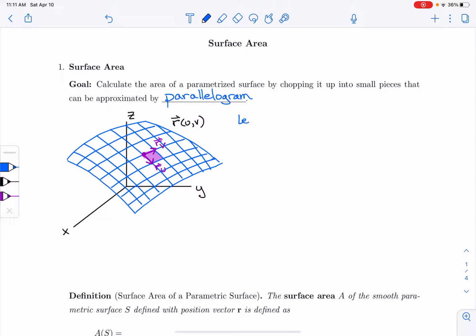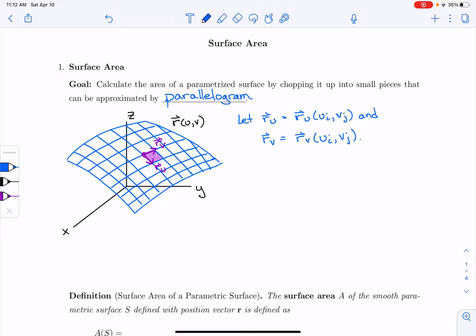So I'm going to let r sub u be the tangent vector at a particular point. We'll call that point u sub i, v sub j. And r sub v is going to be the other tangent vector at u sub i, v sub j.